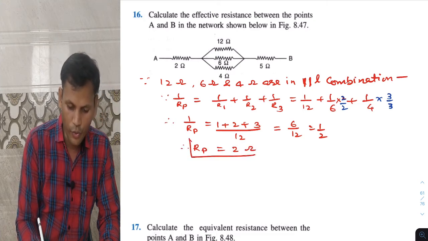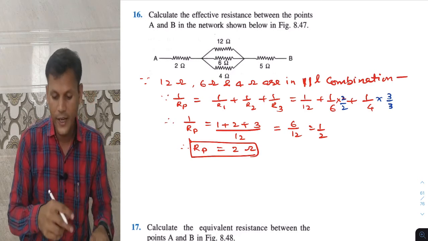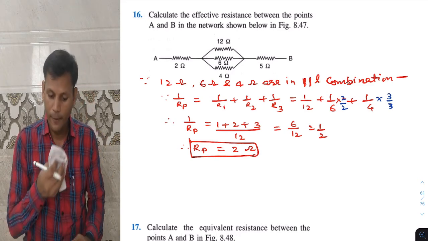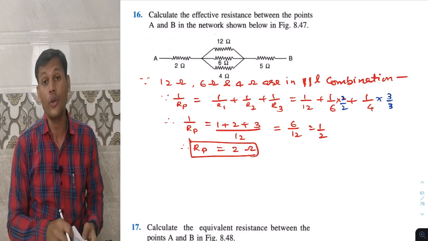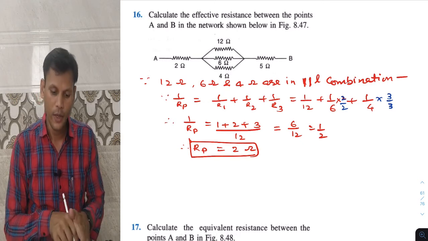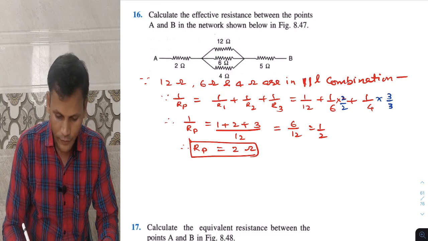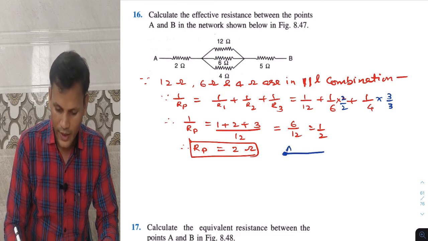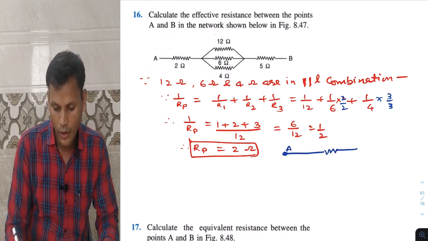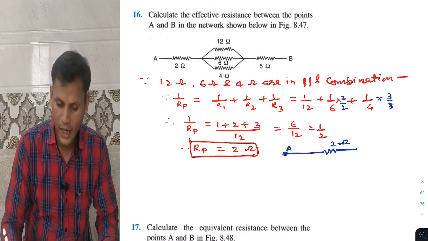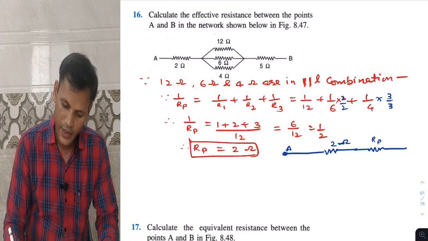Rp becomes 2 ohm, because 1 upon Rp was 1 by 2. Now this diagram may change like this. This is 2 ohm, Rp is now 2 ohm, and the last is 5 ohm.